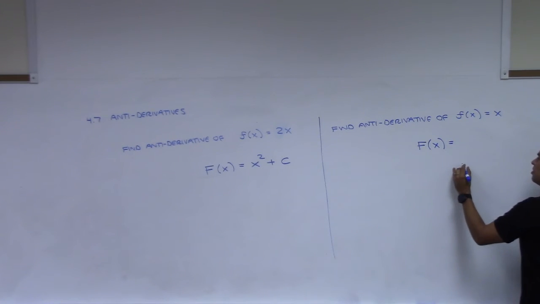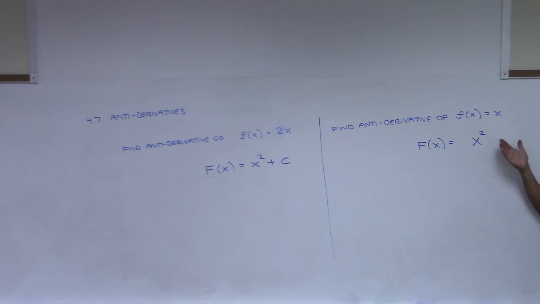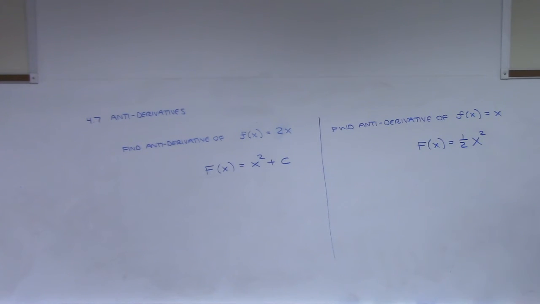It should seem natural that we need the x squared, right? Because when we take the derivative, the power comes down. So it's got to be x squared, but I can't use that because the 2 would come out and I don't have a 2 here. So what I need to do is just throw 1/2 in front of it, and that would take care of the 2 when it comes down. And then I could still say plus c, and that would still work, right?